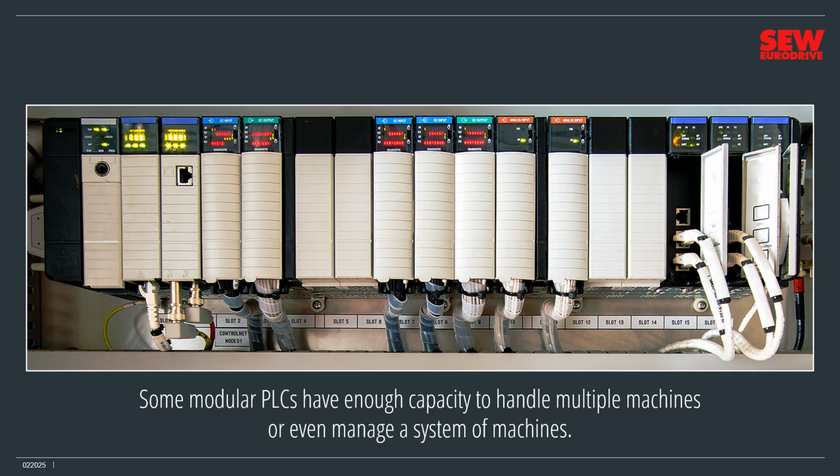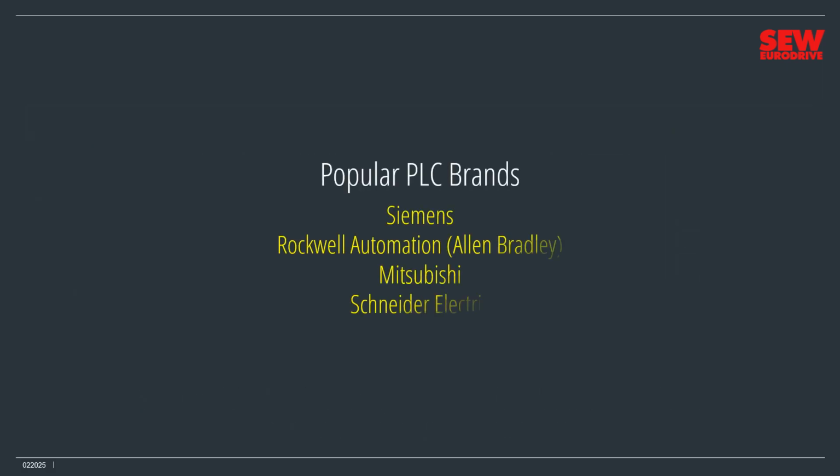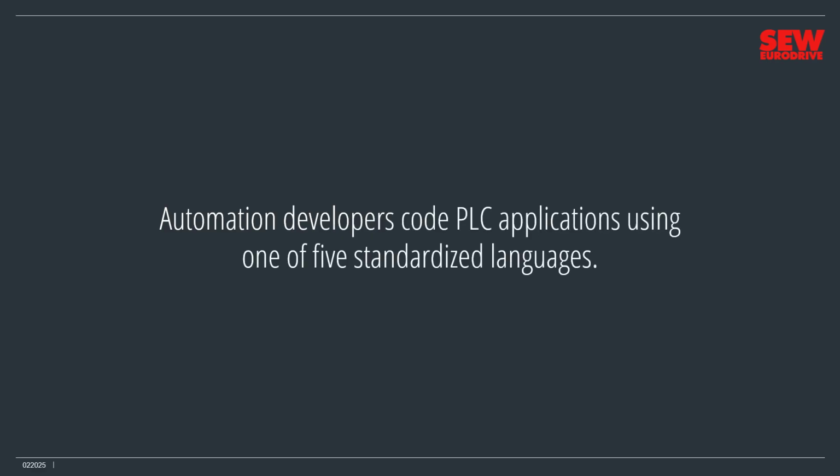While there are many PLC brands, the four most popular tend to be Siemens, Rockwell Automation, Mitsubishi, and Schneider Electric. Automation developers code PLC applications using one of five standardized languages.